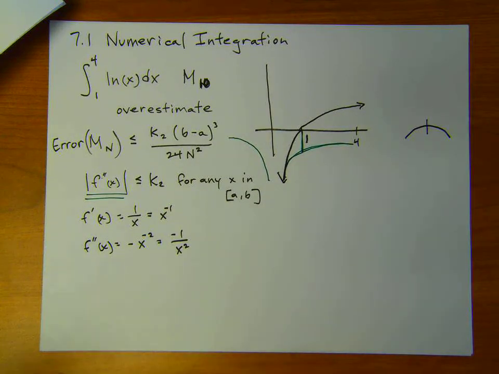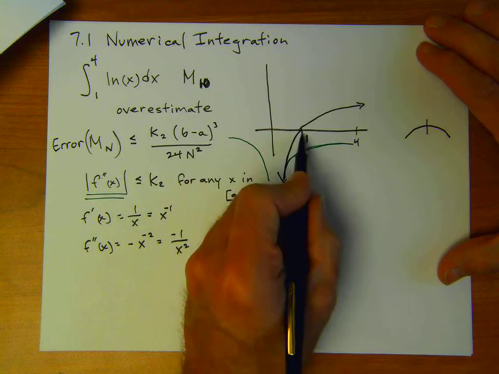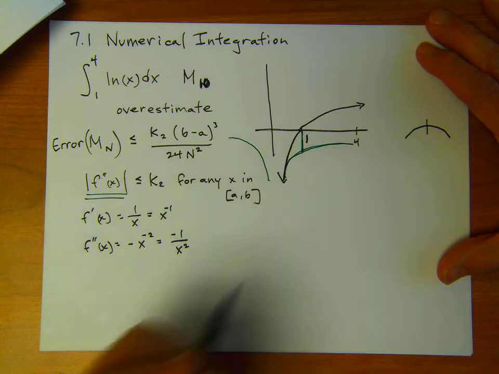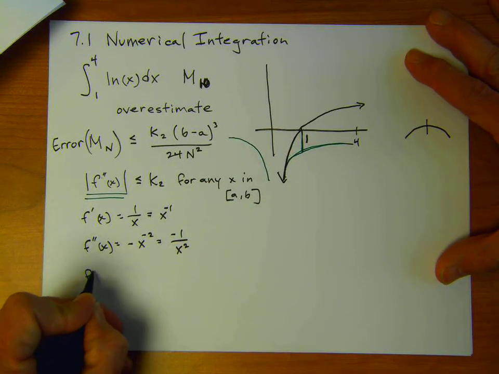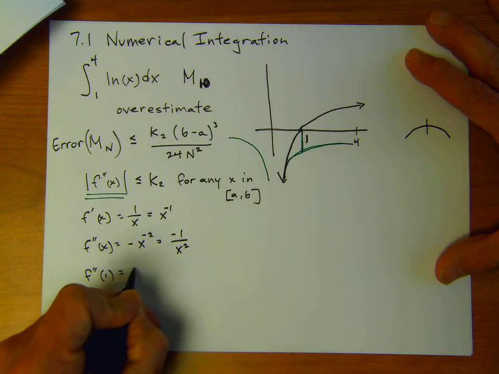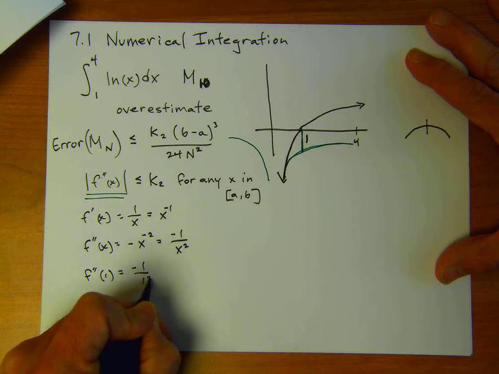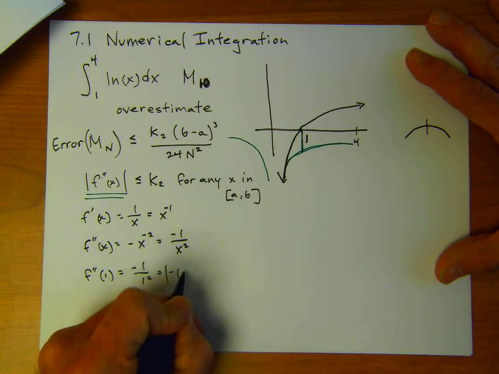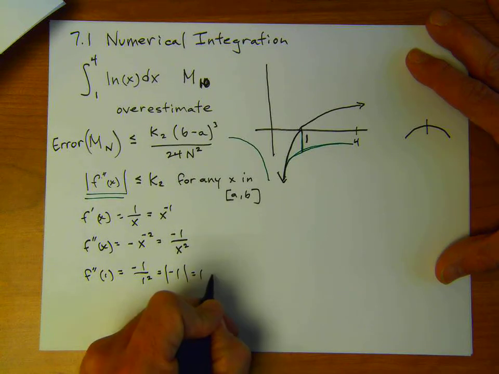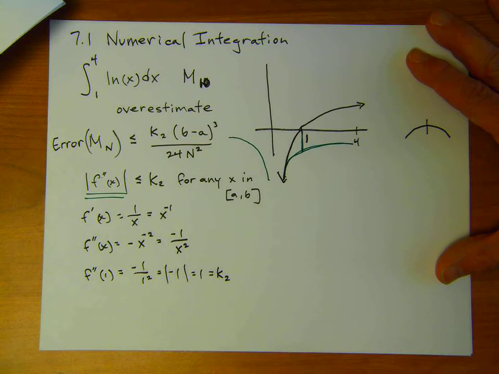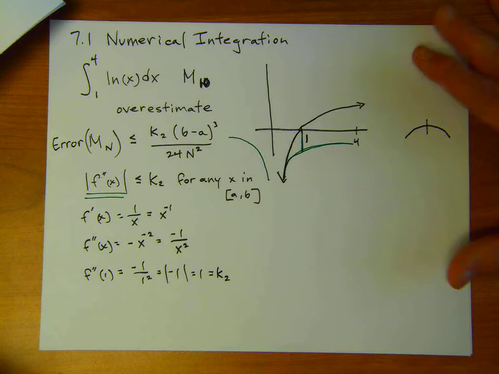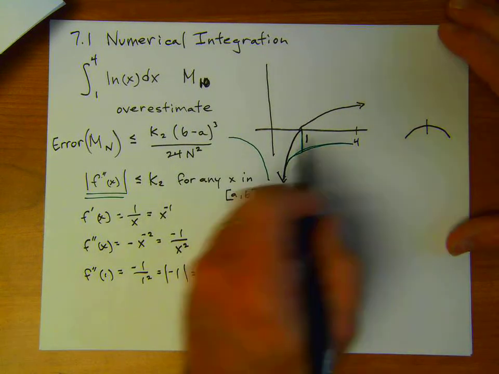So that's going to happen at 1. f double prime of 1 is negative 1 over 1 squared, that's negative 1. But we want the absolute value, so that's 1, and we're going to let that be our K2. That's the biggest value in absolute value of our second derivative.